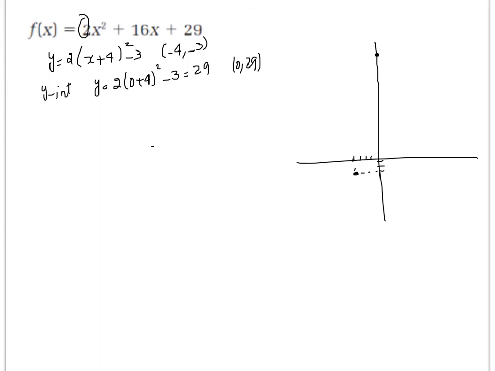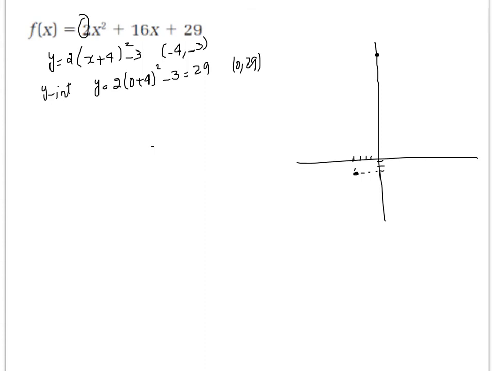Now to find the next point, we know that this is the axis of symmetry, the line which goes through the vertex. So what we can say about this point 0 and 29, it is going to be on the right of the axis of symmetry, the same distance away.